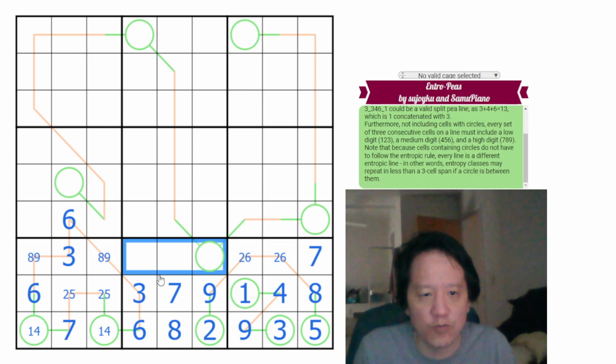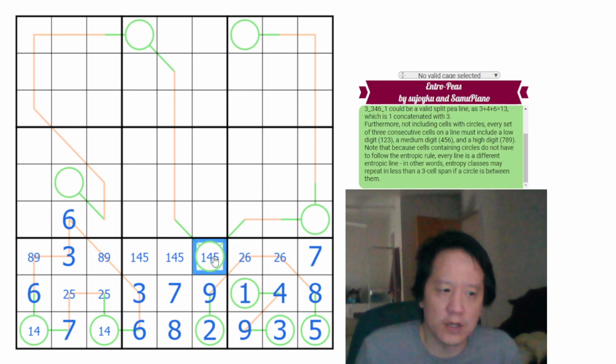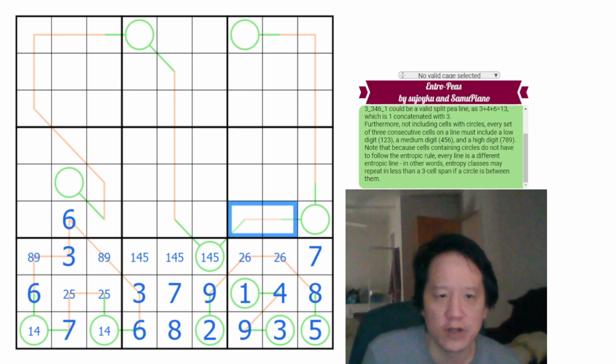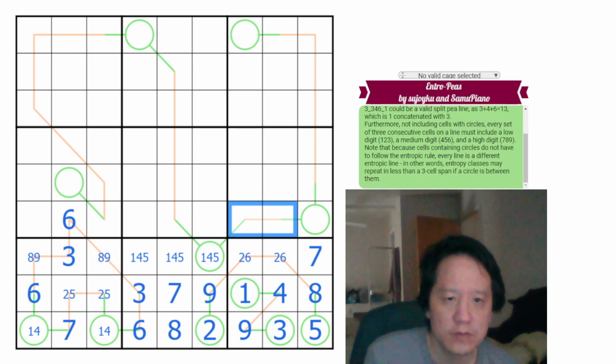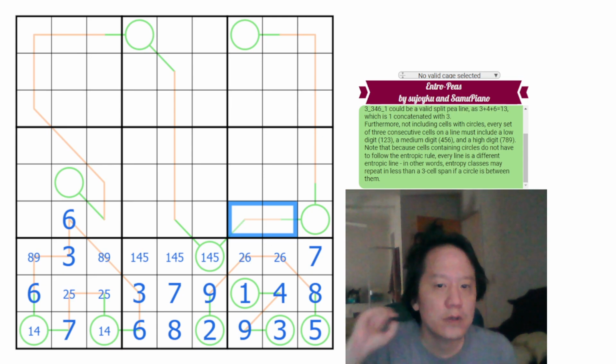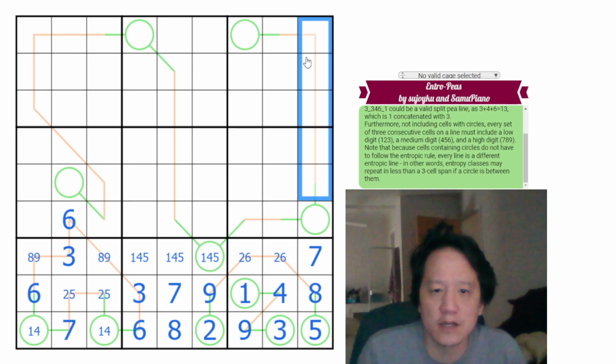We have 1, 5, and 1, 4, and 5. Okay. One of these needs to be 1 because this is 2, and it can only have 1 in between. Okay, what can this add up to?